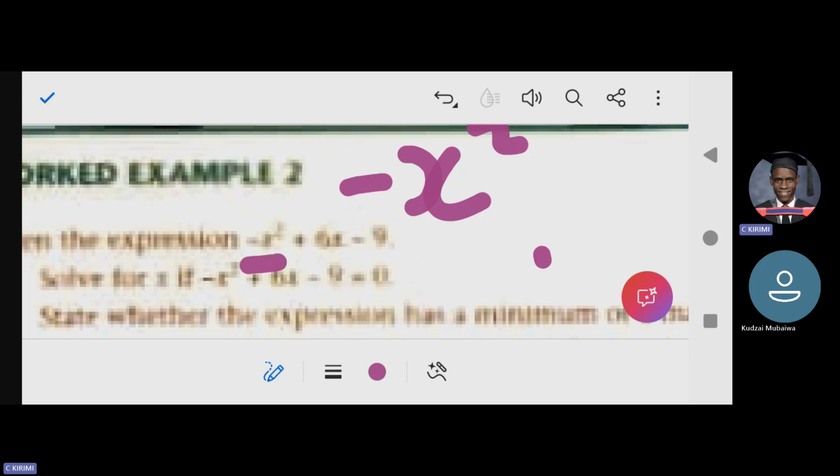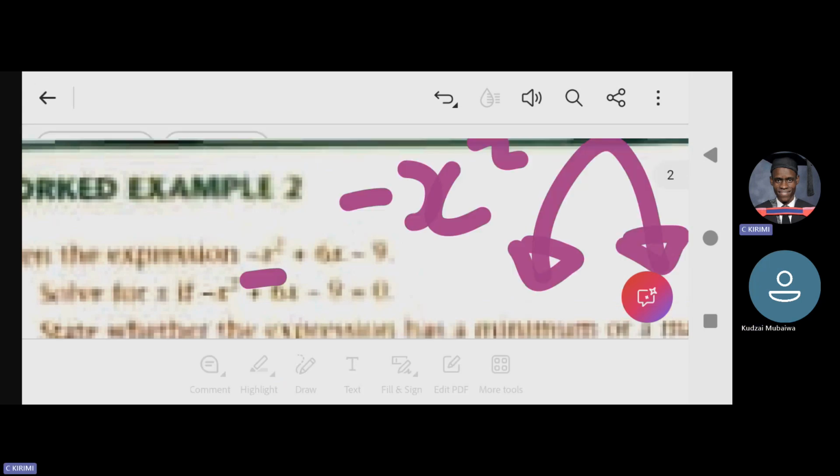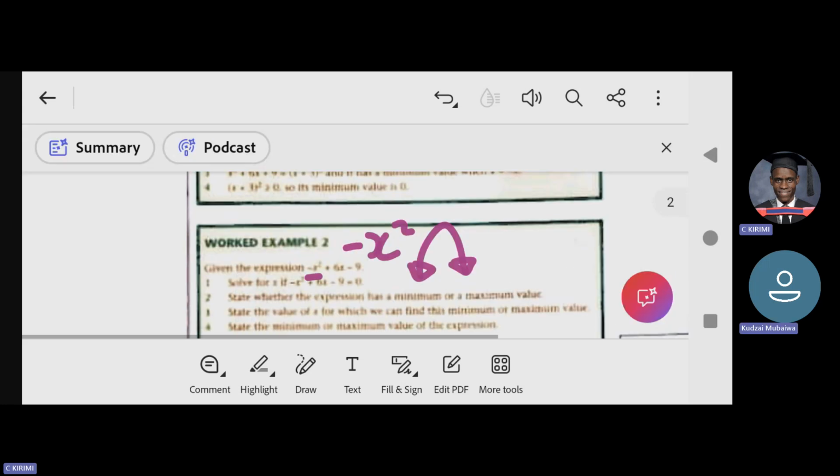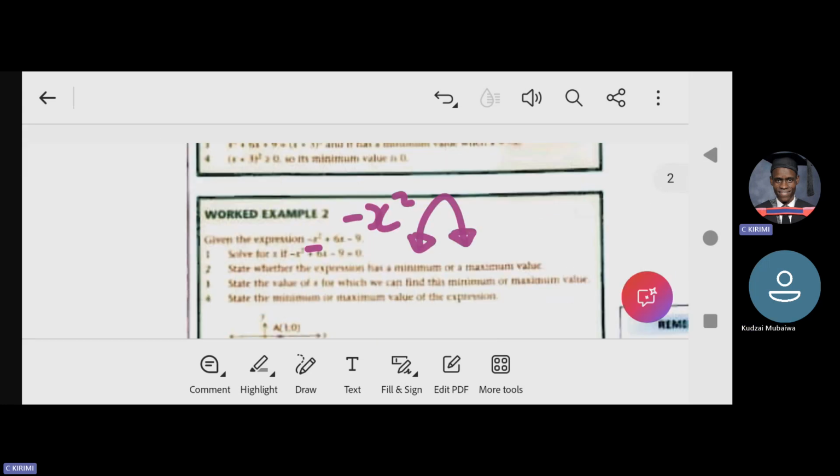A negative means the graph is facing down. That is what you must take note. However, also the root has changed, which means now the root is at 3. It's no longer at -3. So you must take note of example 1 and example 2.